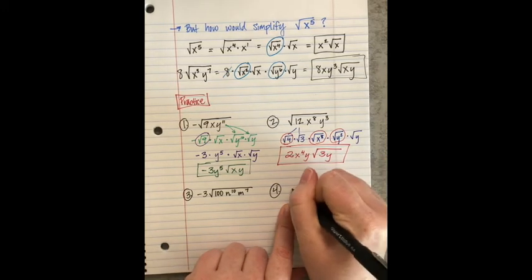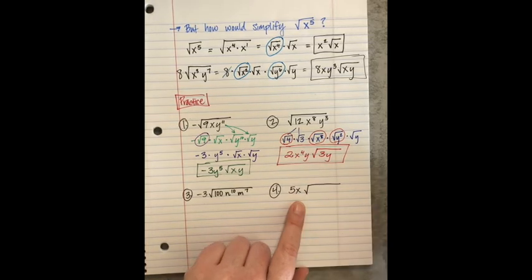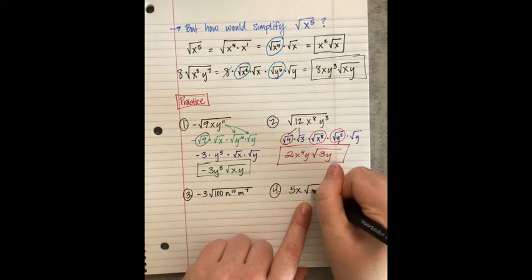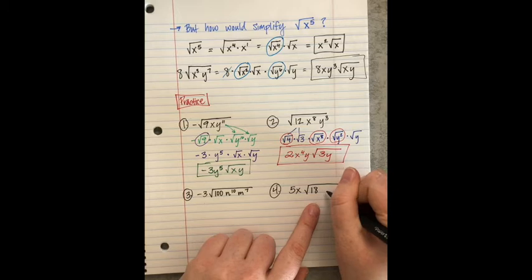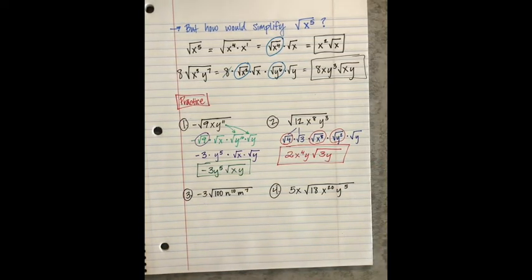Number 4, you have a 5x outside, and inside the radical you have 18 x to the 20th, y to the 5th. Great time for you to pause the video, honestly try it on your own, and then hit play again.